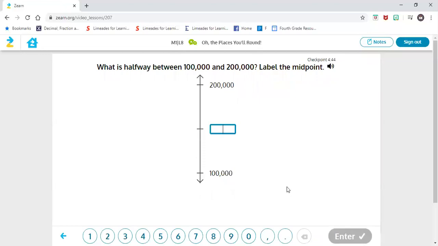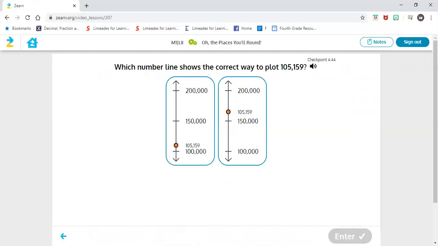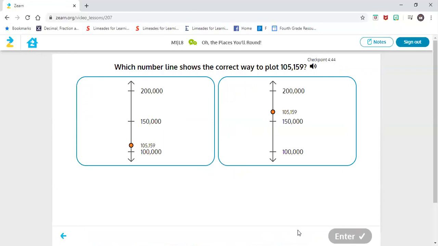Now I have to find my midpoint. What would be my midpoint between 100 and 200? What's the middle between 100 and 200? Yes, 150. 150,000. Now I have to plot this exact same number, but remember we're rounding to the nearest 100,000. So 105,159 will be under 150,000, so it'll be closer to my 100,000.